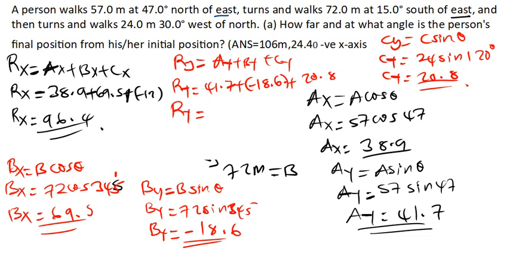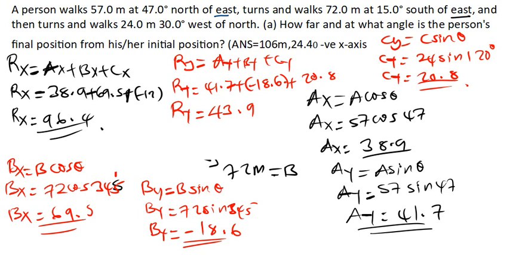So Ry will be 41.7 minus 18.6 plus 20.8. I'm getting 43.9.